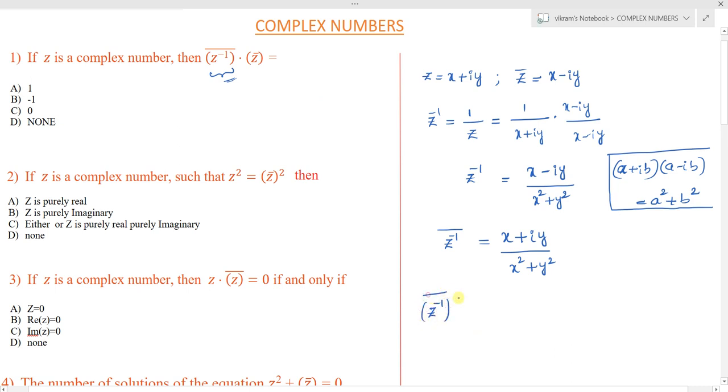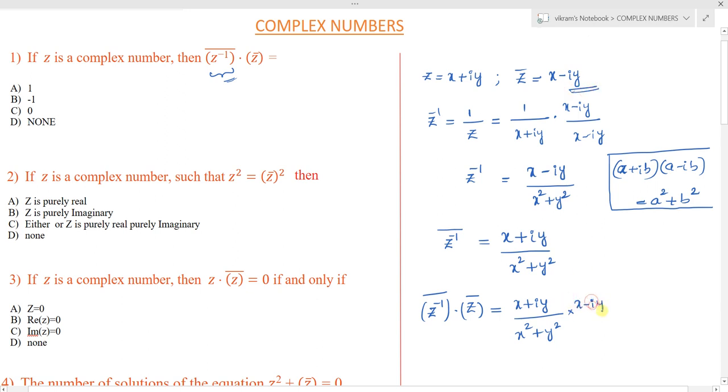And the question asked for z inverse conjugate into z conjugate. Z inverse conjugate is x plus iy by x square plus y square into z conjugate. Z conjugate we already wrote over here, x minus iy.